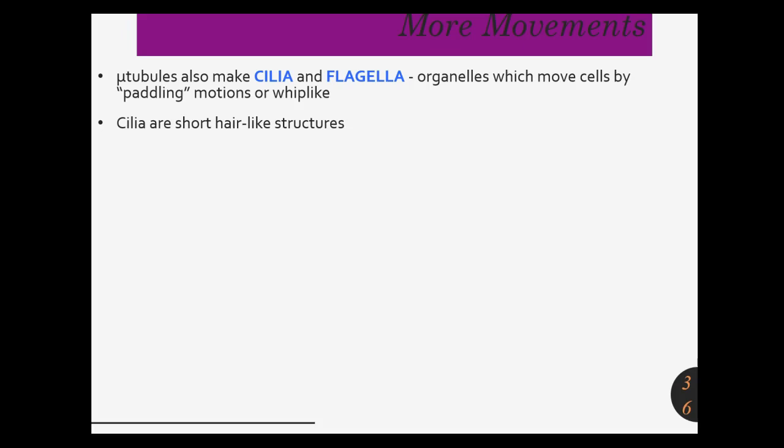But the difference between the fimbriae or pili, which are also short hair-like structures, is that the fimbriae and the pili on the bacteria help them to attach to surfaces, whereas cilia are for movement. We find them in the unicellular paramecium, and we also find them lining our respiratory tract.